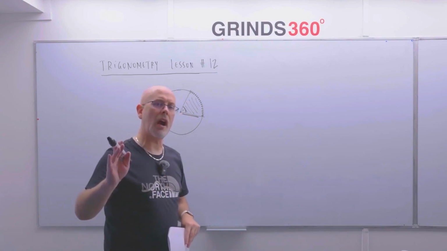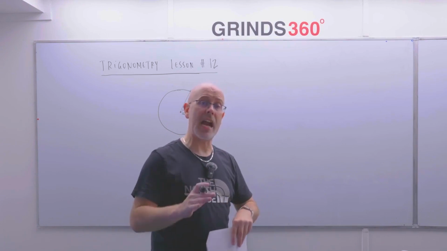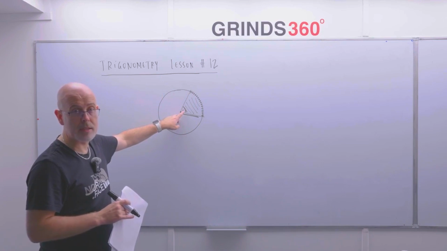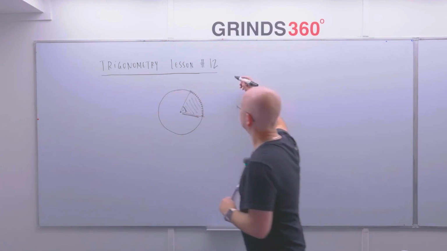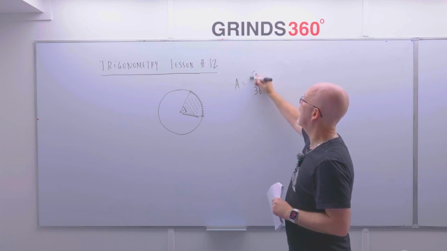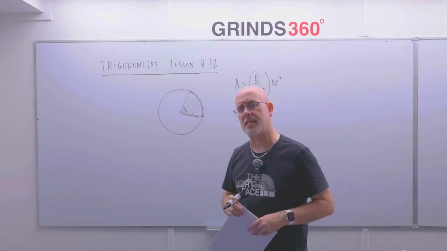And like when we were dealing with arcs in the previous lesson, there are 2 different formulas for finding the area of a sector, depending on whether the angle here is measured in degrees or radians. So if it's measured in degrees, the area is given as theta over 360 times pi r squared. Now that's very similar to what we met with arcs in the previous lesson.